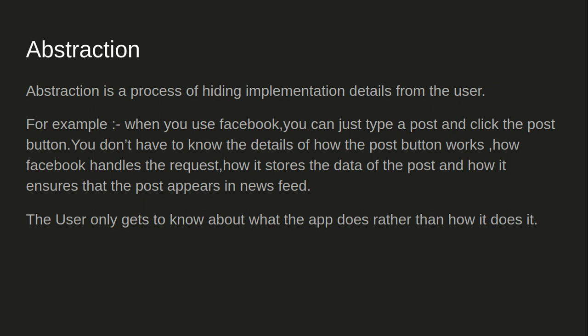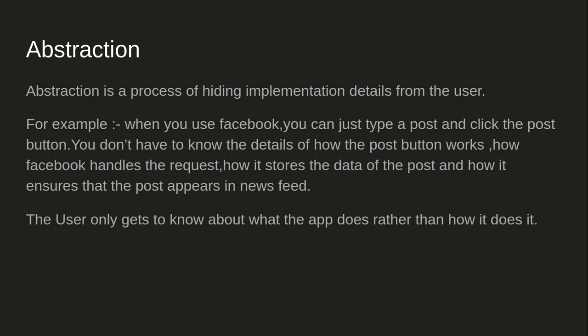A basic example is whenever you are using Facebook, you can just type a post and click the post button, right? But you don't have to know the details of how the post button works, that is, how Facebook handles the request. Facebook has multiple CDN networks. Facebook has multiple in-between servers which are caching the data. Facebook must have multiple databases behind so that they can back the data up.